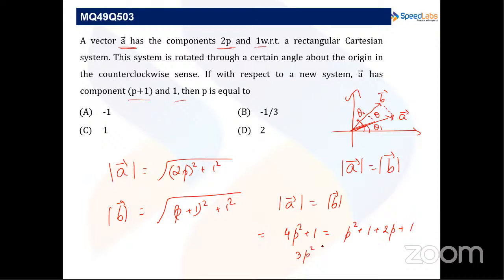That will be 3p square minus 2p minus 1 equals 0. So we get 3p square minus 3p plus p minus 1 equals 0. So p will be equal to 1 or p will be equal to minus 1 by 3. So the two correct options are minus 1 by 3 and 1, that is option B and C.